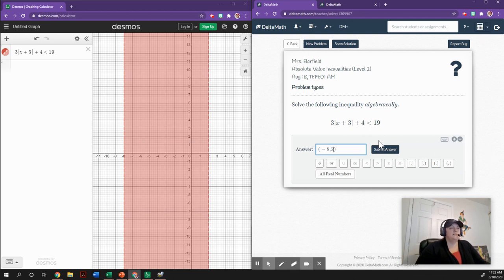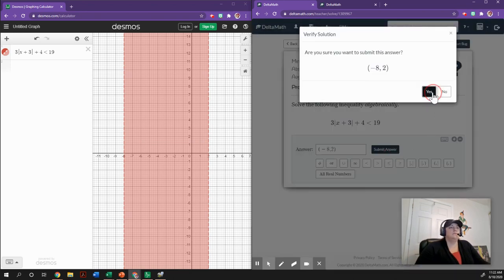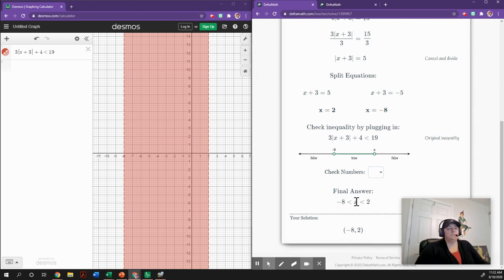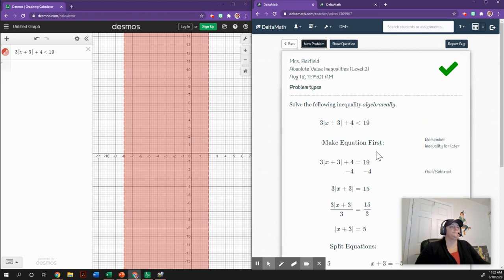Let's see what Delta Math says if I submit it using interval notation. Submit. Yep. Notice that this answer is what I had typed in first, and I put in interval notation, which is okay. Delta Math does not care if you use interval notation or inequality notation. So that's good to know.